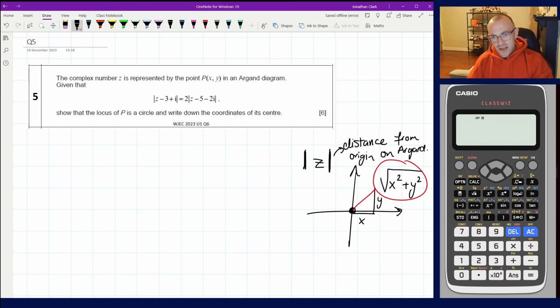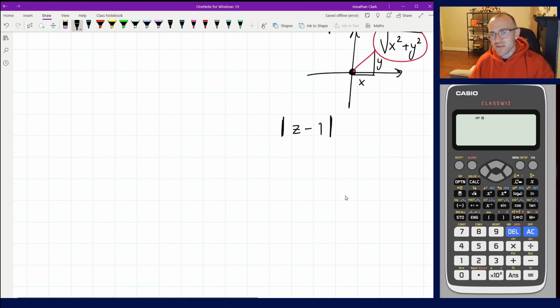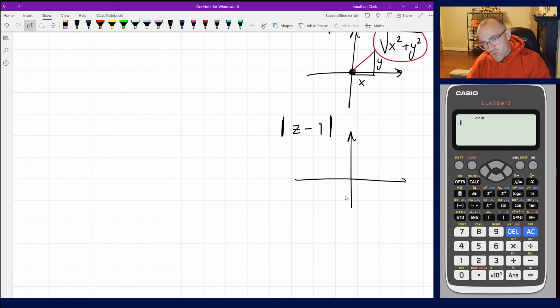If you have a slightly different version, like maybe you have this z take away 1, it still calculates a distance for you, but essentially what it does is it recenters it, right? It becomes a distance from the point (1, 0) instead.